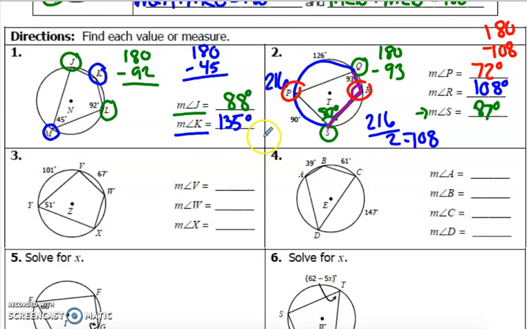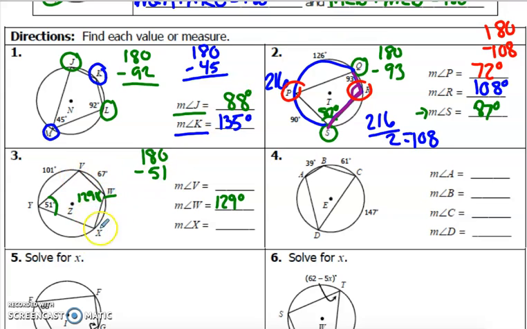If not, follow along. So on number 3, I know that they gave me angle Y, and so based off my knowledge of supplementary, I'm going to go ahead and find angle W. So 180 take away 51 is going to give me 129. So I know that this angle is 129. All right, again, I cannot figure out V and X because I don't know the measurement of either of them.